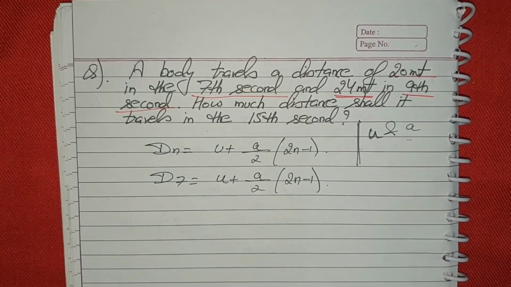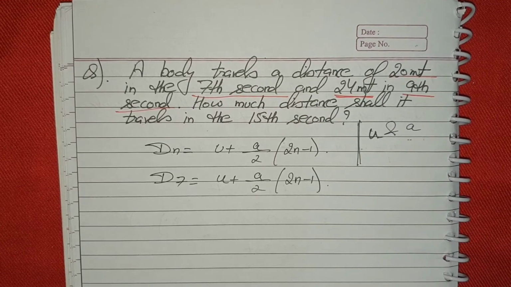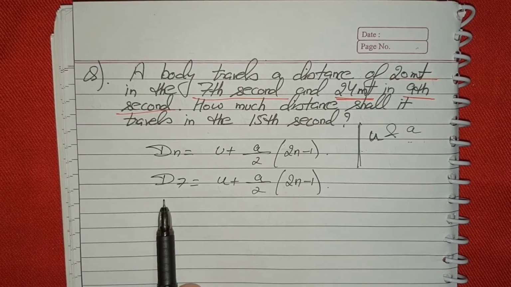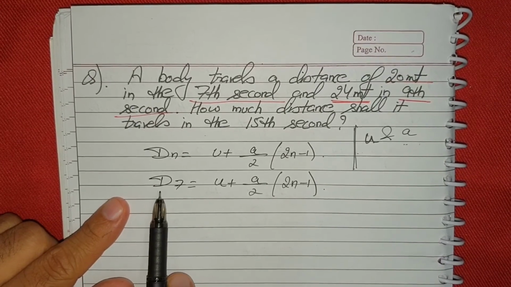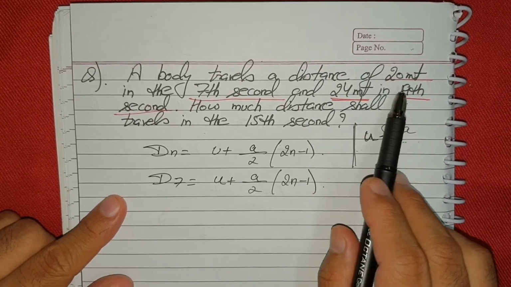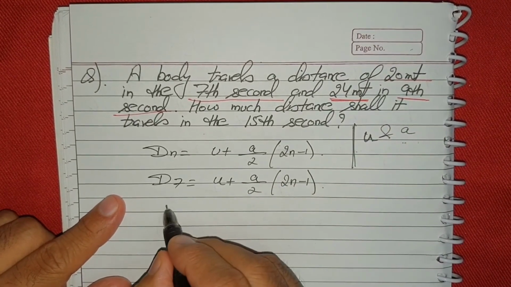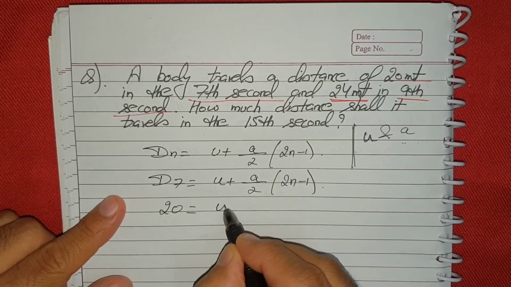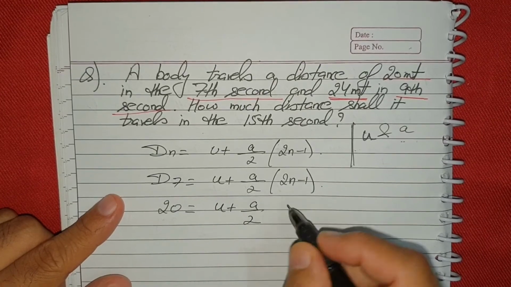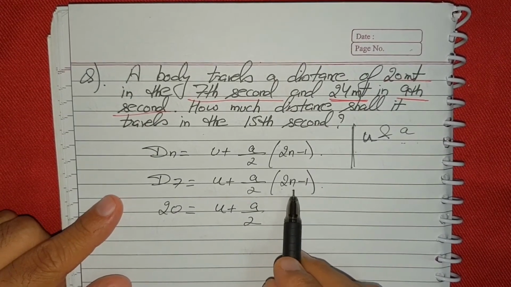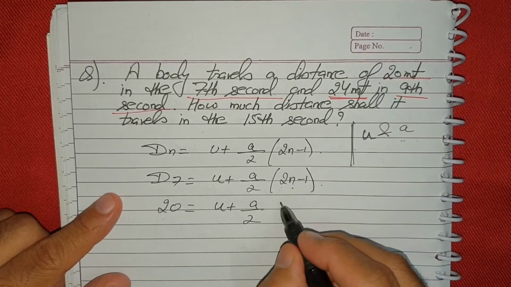Now it's clear, we have two variables, we need two equations. So first equation is d7 is u plus a by 2, 2n minus 1. d7 is 20 meter in the 7th second. So 20 equals u plus a by 2, substituting n as 7. 2 into 7 is 14 minus 1, 13.